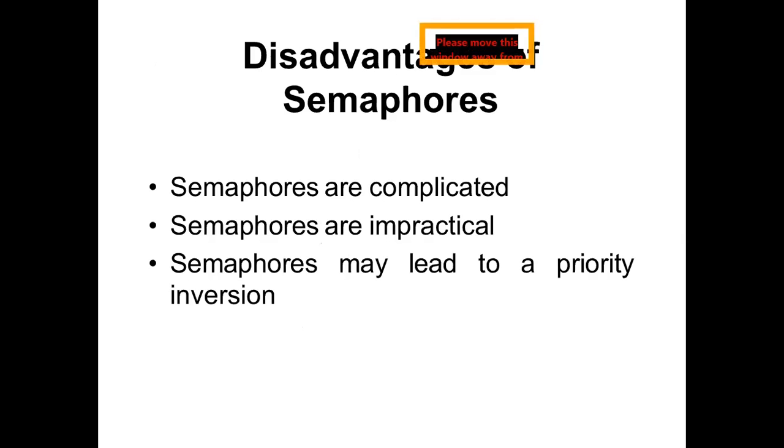And now the disadvantages of semaphores. Semaphores are complicated, which is one disadvantage. Semaphores are impractical. Semaphores may lead to priority inversion. Sometimes failure may occur due to the complications or priority inversion.